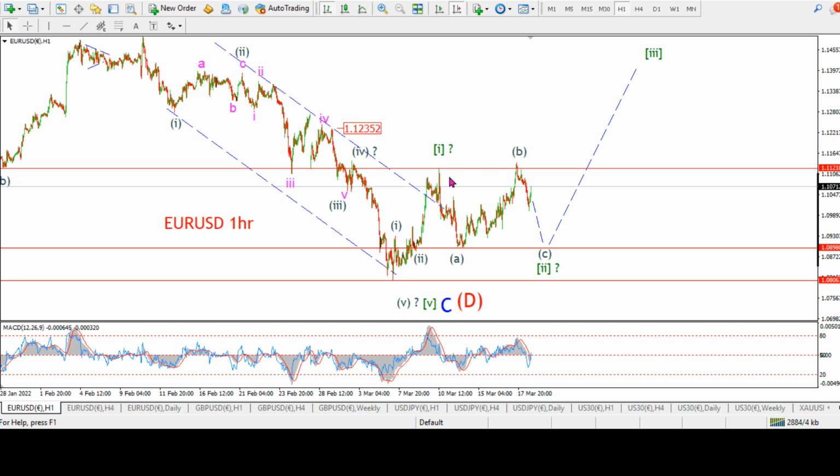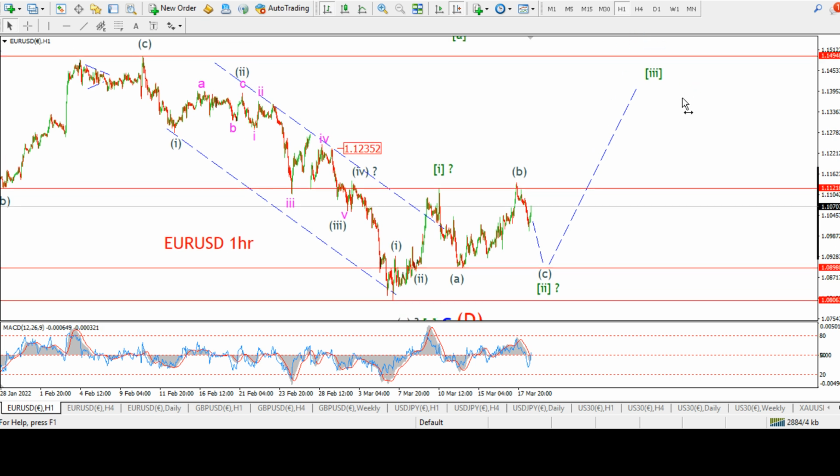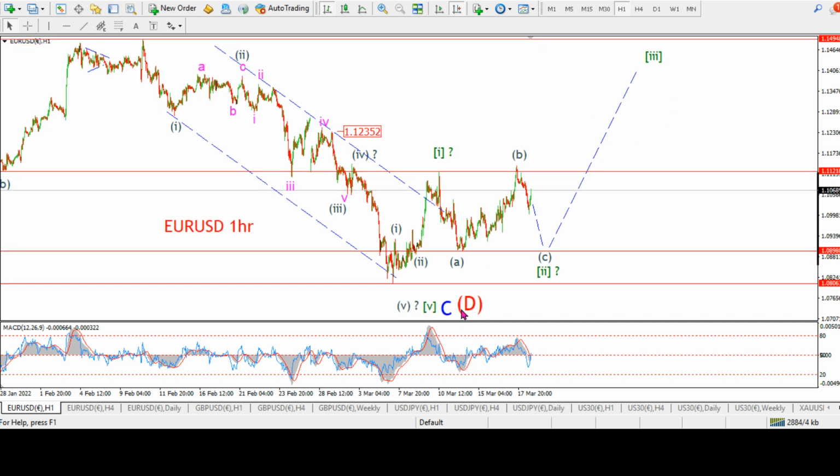In general, I'm looking next week for this upside move to continue. I would like to see an acceleration up into the upside, probably back above 115 or so. If that happens, it'll pretty much confirm that wave E, the larger wave E, is underway, and that wave D is done with.